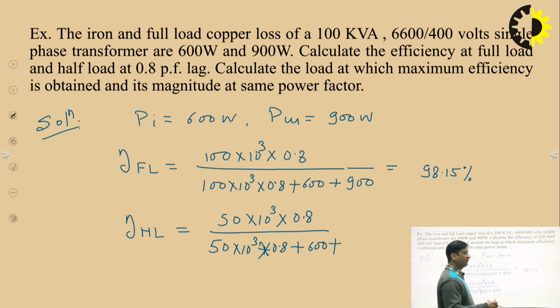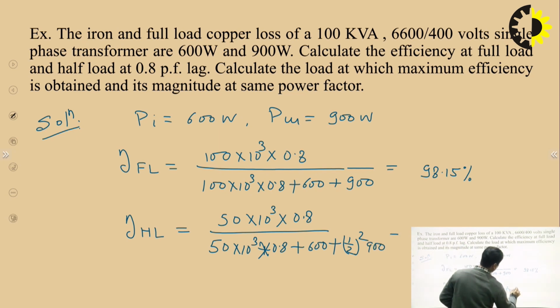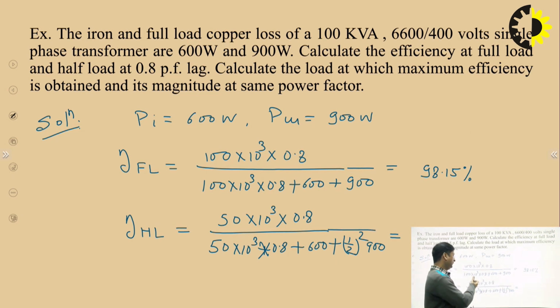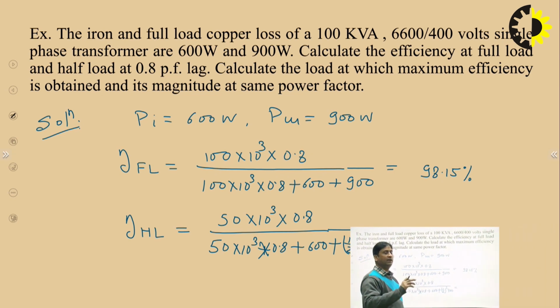So copper losses are X square times full load copper losses. Here the value of X is half, so half square into full load copper losses, which is given to us as 900.